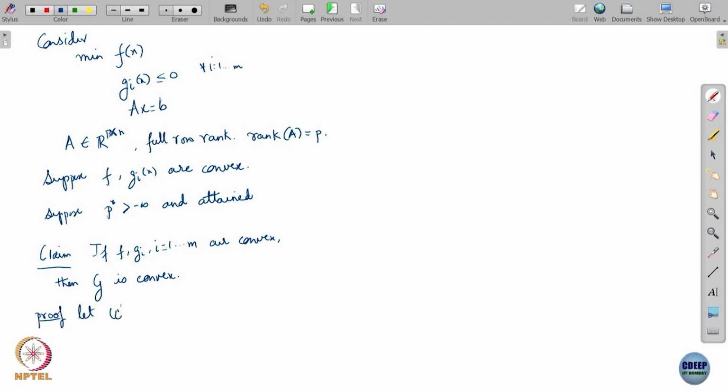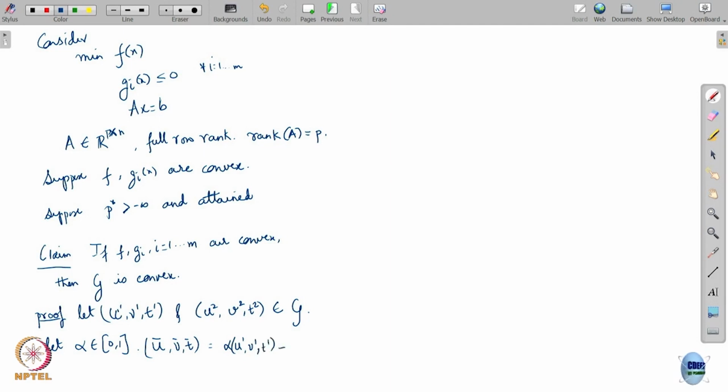So, suppose (u1, v1, t1) and (u2, v2, t2) both belong to G. Then, let alpha be in [0, 1] and define, say, (u bar, v bar, t bar) as alpha (u1, v1, t1) plus (1 minus alpha) (u2, v2, t2).